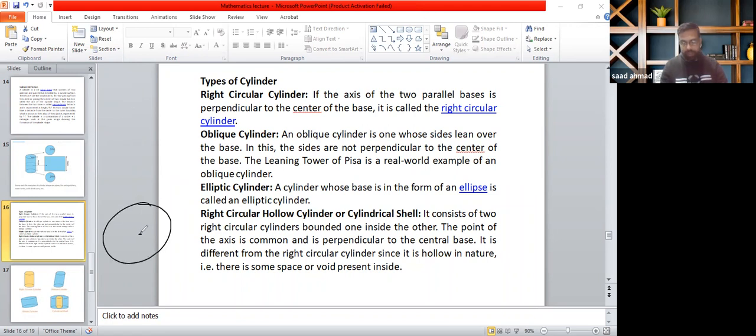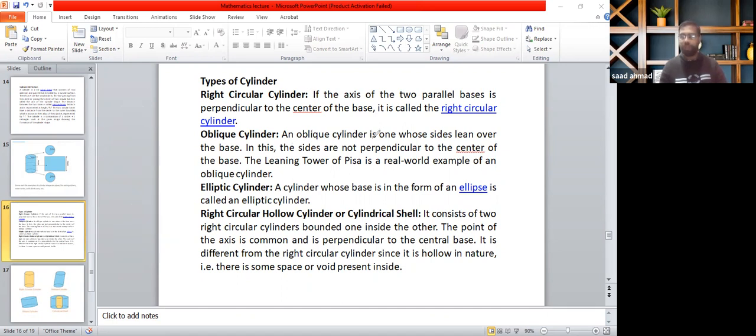Like if this is the circle, this is its radius, and this is the axis. If this angle is 90 degrees and this angle is also 90 degrees with the above one, then it's a right circular cylinder.